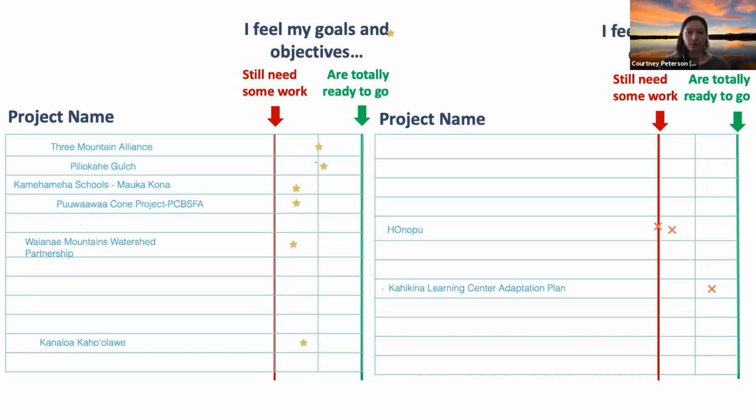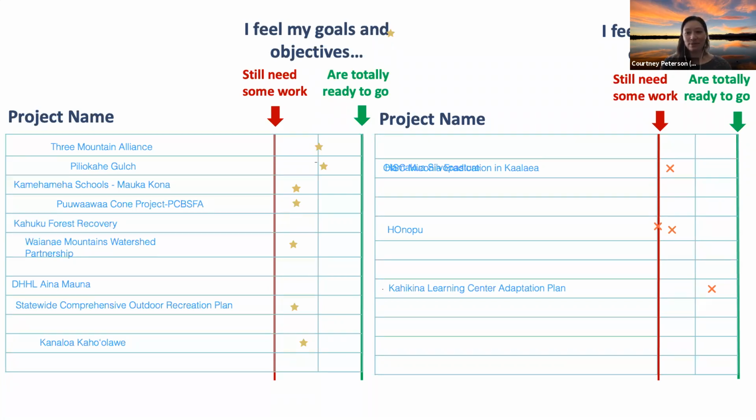No problem. Good question. Any other questions about your goals and objectives or your project or management topics at this point? Awesome. And it looks like people are thinking that their goals and objectives still need some work.